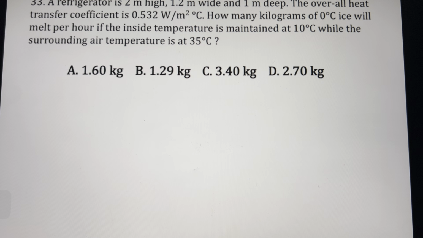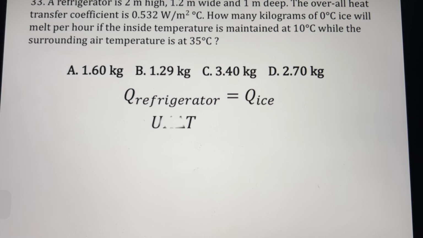So our formula to be used, it is the heat absorbed by the refrigerator is equivalent to the heat transferred to the ice. So since we have a given overall heat transfer coefficient for the refrigerator, we could use the general formula for the heat transfer, that's UA delta T, where A is the total surface area exposed in the refrigerator and the delta T is the change in temperature.